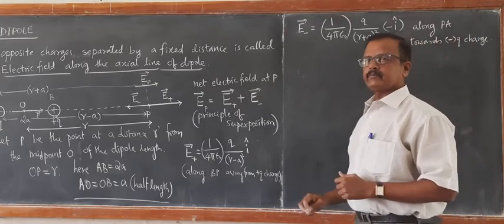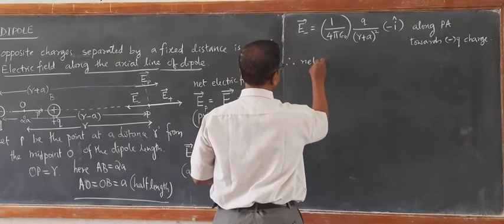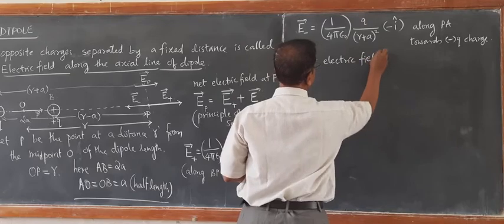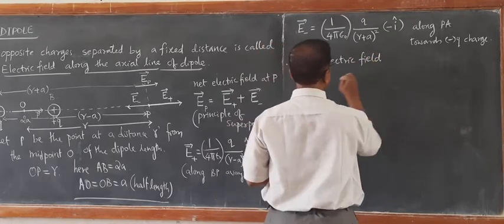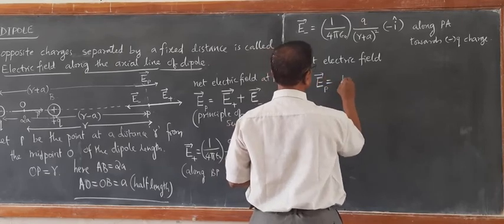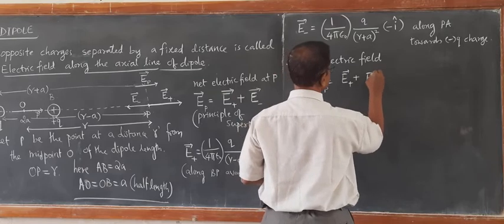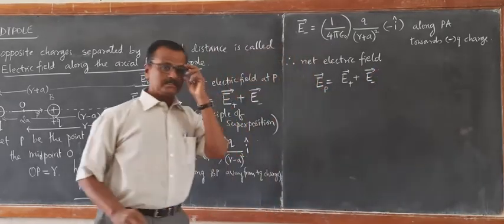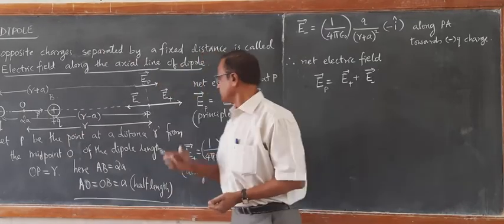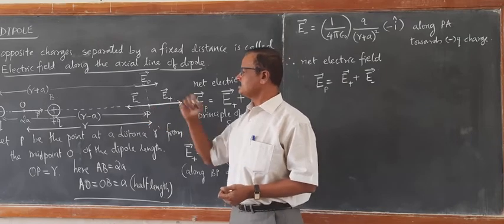Now we can calculate what is the net electric field. Therefore, the net electric field E at P is equal to E plus plus E minus. Now when you look at the diagram, E plus has a larger magnitude and E minus has a shorter magnitude.